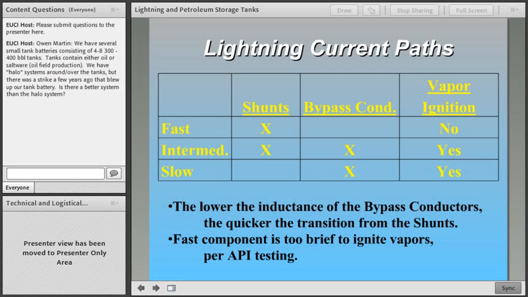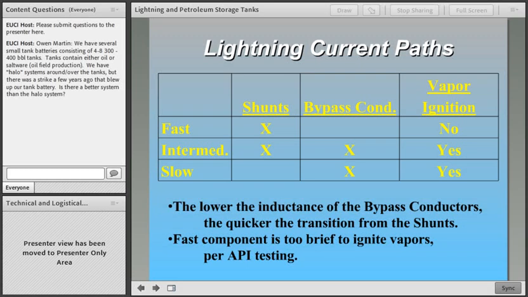So let's suppose you have a tank with both shunts and bypass conductors. Which path will the lightning current take? Well, the answer to that question lies on what component of the lightning strike we're dealing with.